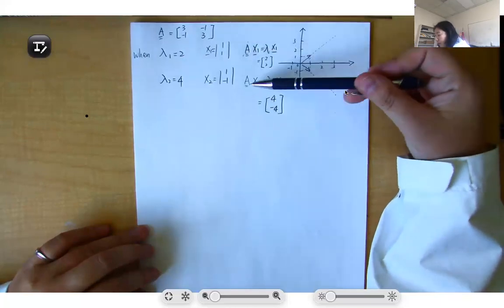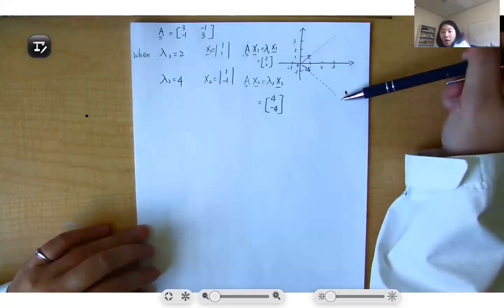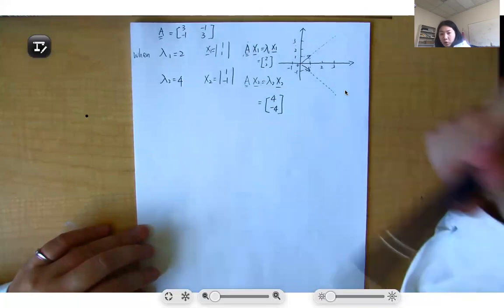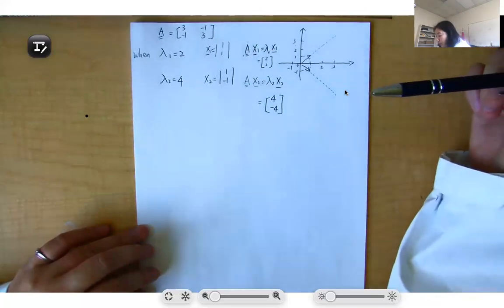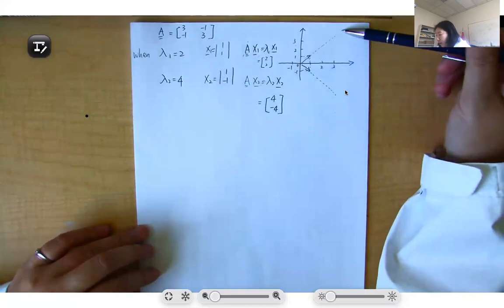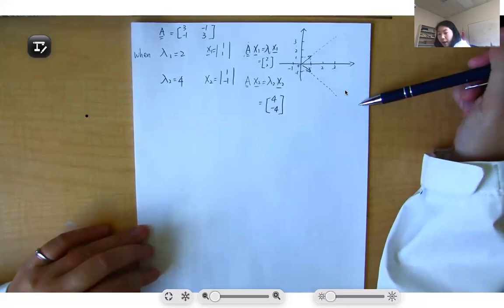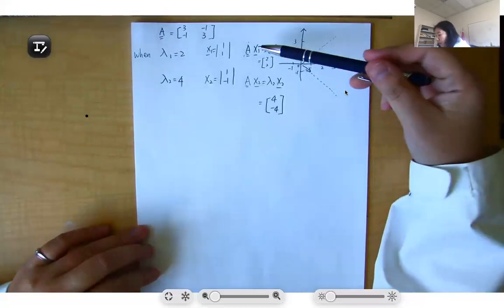When you operate this matrix on eigenvector 2, it will always go on this direction. So I want you to have some geometric image in your head that it will stay on these directions forever when you have this system operate on your vectors.